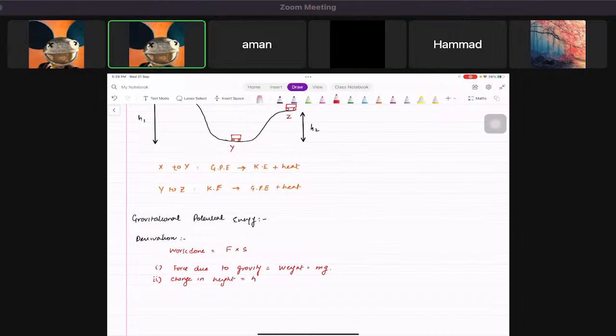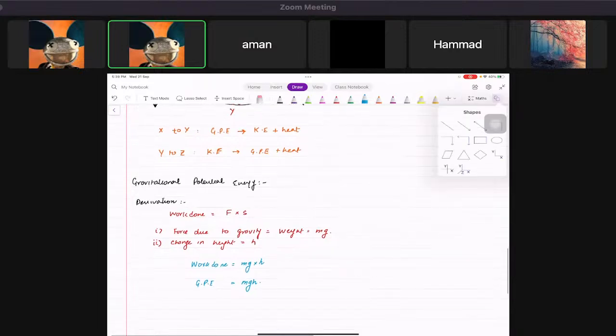So when you put it inside, you see that work done would be equal to force is mg and displacement is height. So basically you get the work done against gravity as gravitational potential energy, and that is mgh. So you already know this, right? Very simple derivation, usually 1 or 2 marks that comes.